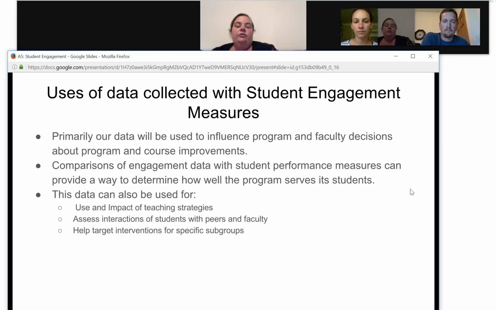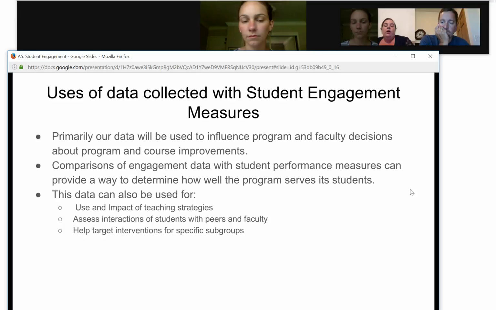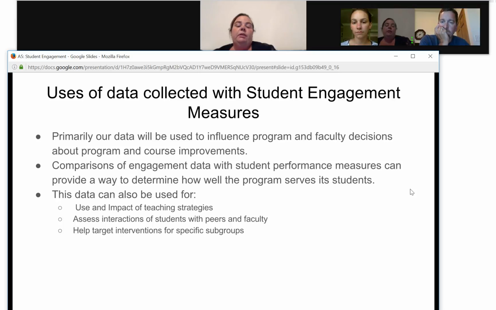Next. Primarily what we're going to do is use this data to look at the educational program and compare the student engagement, hopefully to influence program development and faculty decisions, basically to improve the program. To do that, we'll compare engagement data with student performance measures to determine how the program serves the student and figure out if there's anything lacking.